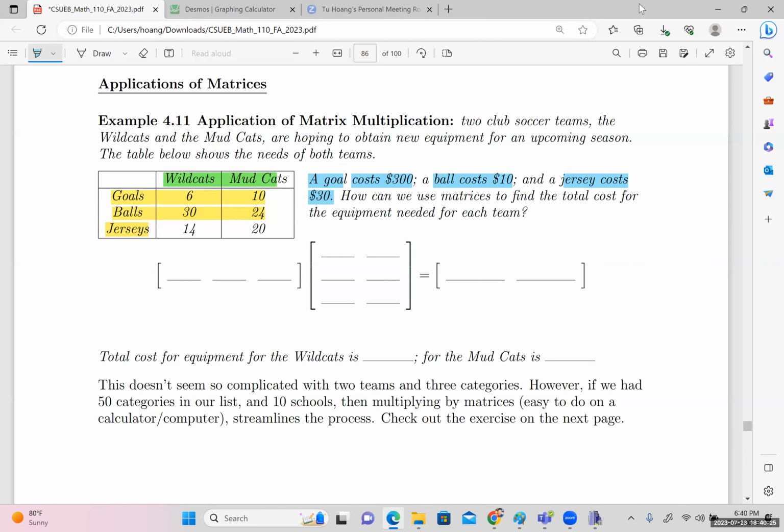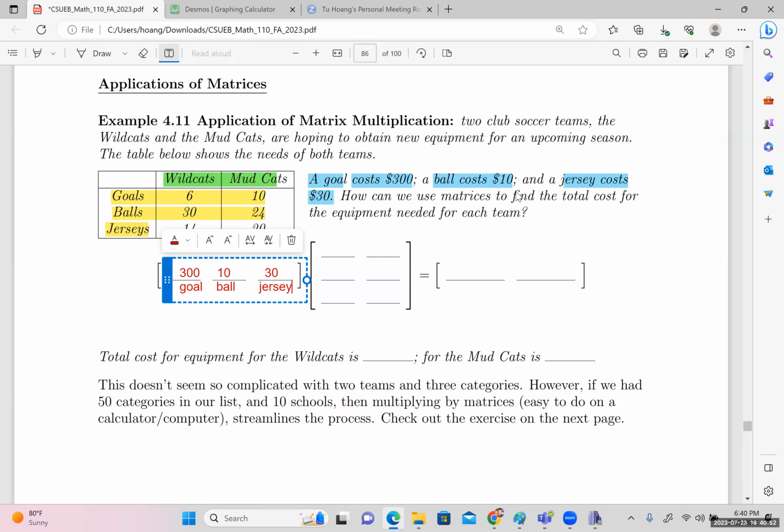The first matrix will be 1 by 3, which has $300 for the goal, $10 for the balls, and $30 for jerseys. Let's say goal, balls, and jersey.